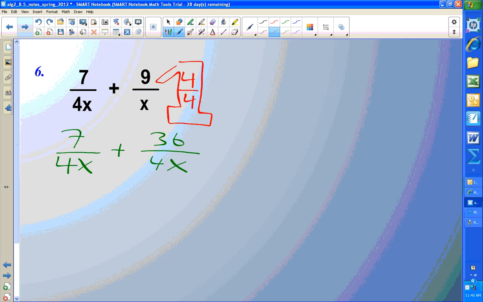When we add on the top, 43 over 4x. I cannot tell you how many times I get 43 over 8x, or 43 over 16x squared, or 43 over 4x squared. Okay? You don't do anything to the bottoms. Leave them alone.